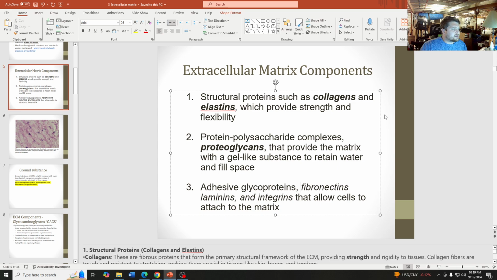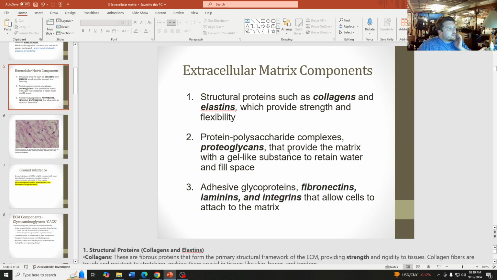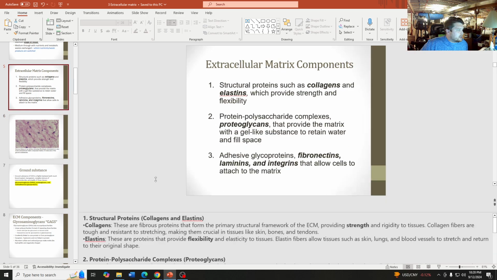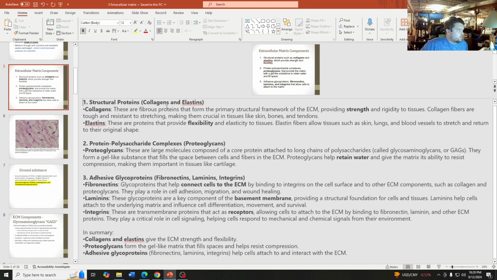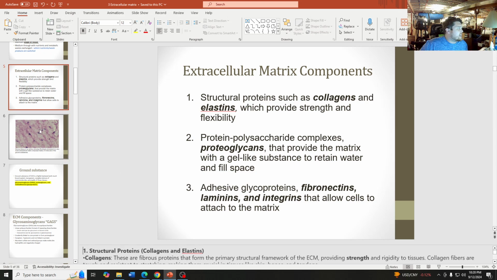And then the adhesive glycoproteins, known as fibronectins, laminins, and integrins that bind and attach stuff together. Know all of those words. That's what we need to know. Again, down below, I've taken the time to sort it all through, given straight definitions of what each of these is.